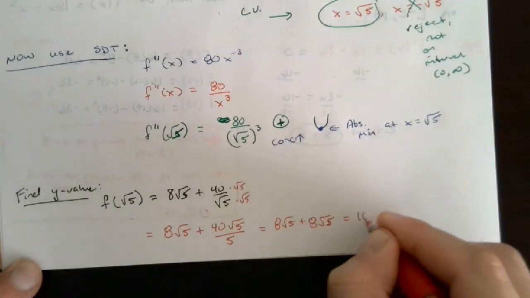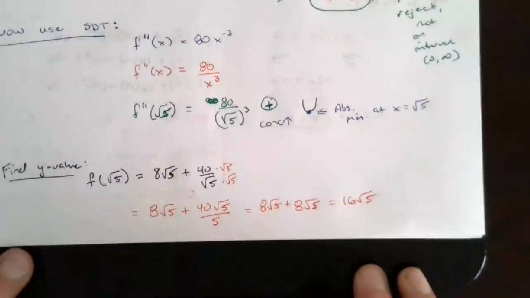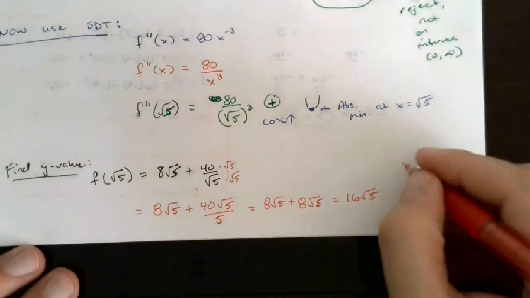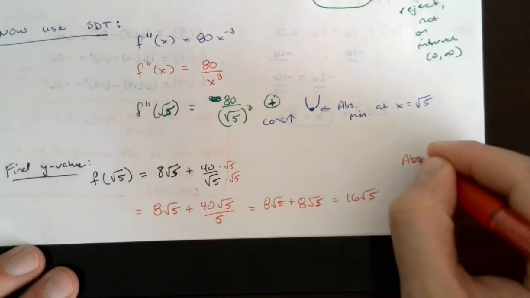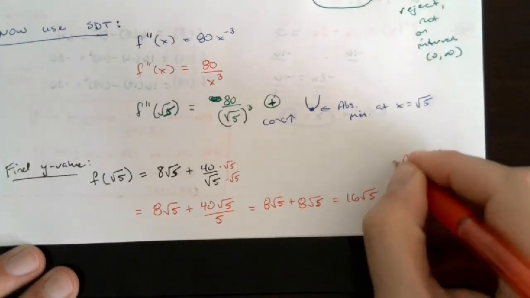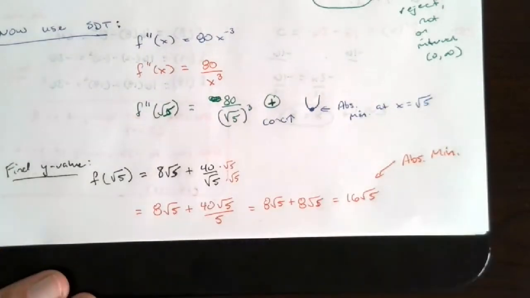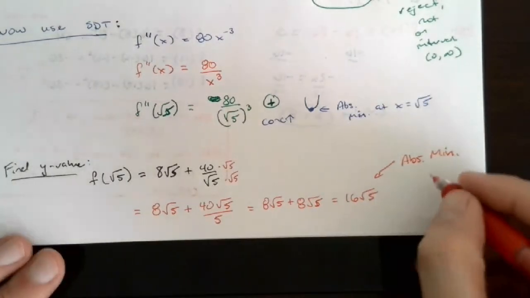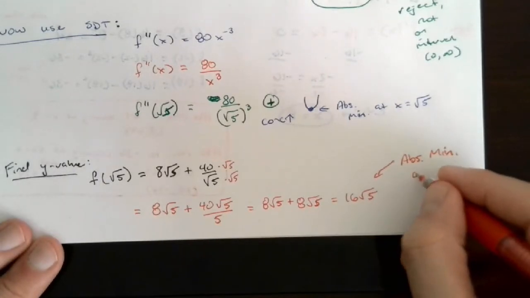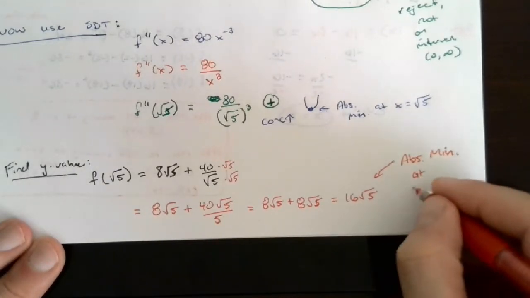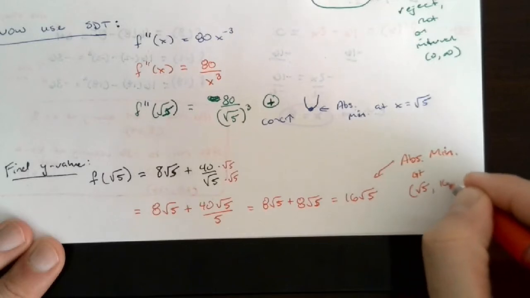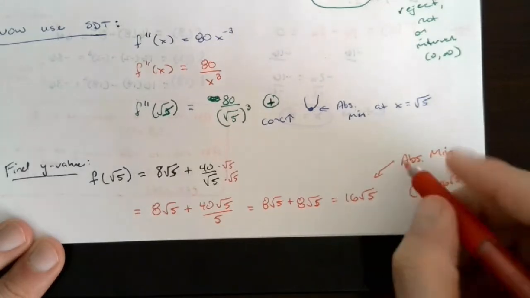It actually ends up equaling 16 square root of 5. So your absolute min is 16 square root of 5, right? That's the absolute minimum. Or you could say the coordinates would be square root of 5, comma 16 square root of 5.